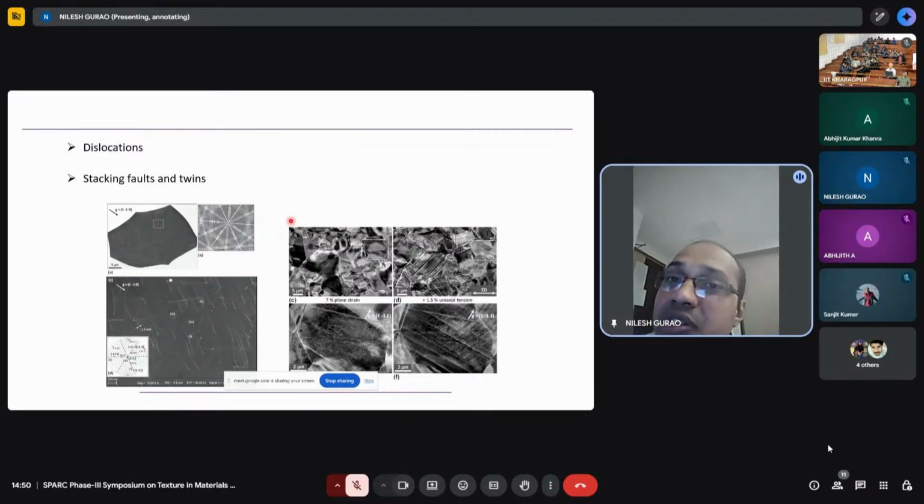You can determine dislocation density, twin fraction, twin volume fraction, and the frequency of stacking faults by combining ECCI with EBSD. Then simple image analysis tools can get this done. I will touch upon it in the last 5 minutes of my lecture.